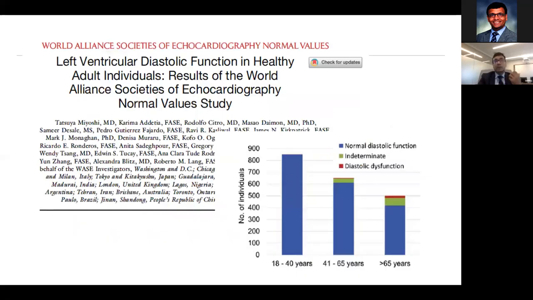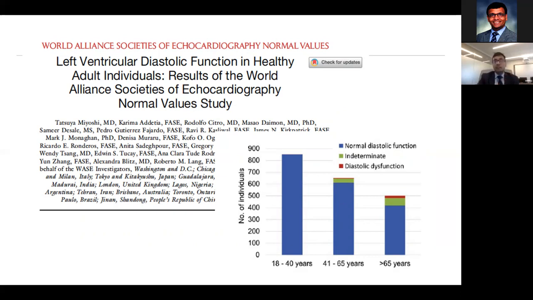In fact, there is a recent study from the World Alliance Societies of Echocardiography Normal Values, where they looked into the age-related prevalence of the diastolic dysfunction parameters. And what they found was, as they approached elderly individuals in this data set, more and more of these normal individuals were called out for presence of diastolic dysfunction, at least based upon the 2016 EACVI guidelines document.